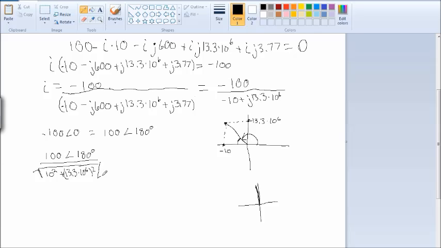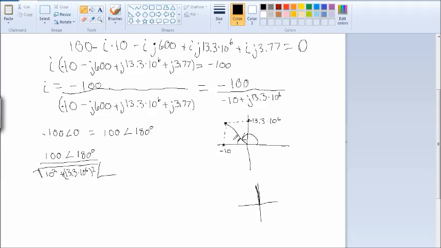So as I said, that will be our magnitude, and then our angle will be any cosine trick that you want to use. We can say cosine theta is adjacent over hypotenuse.